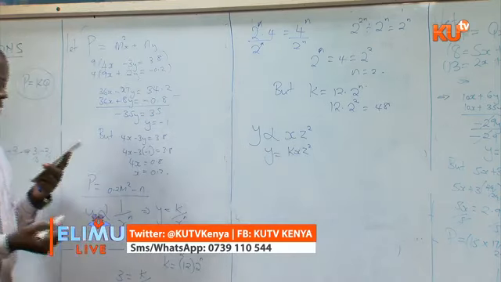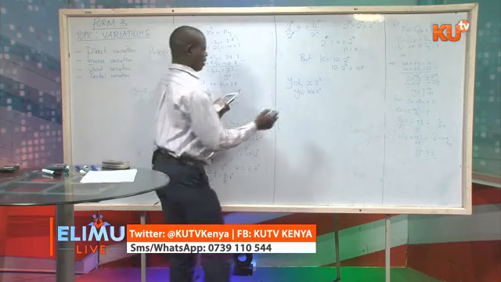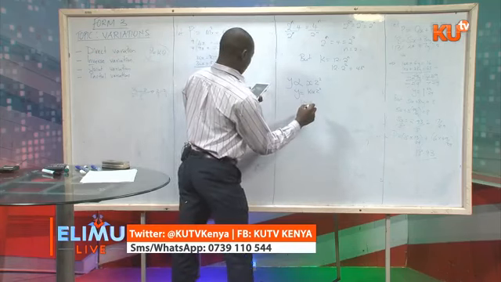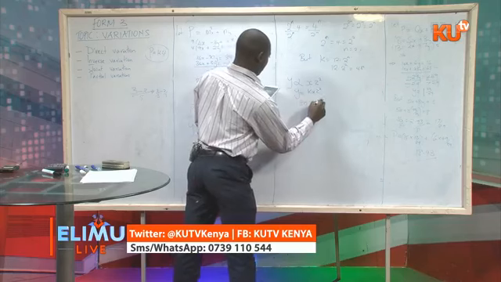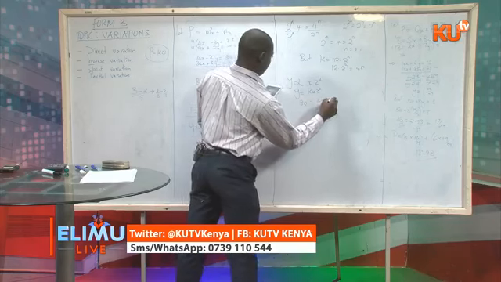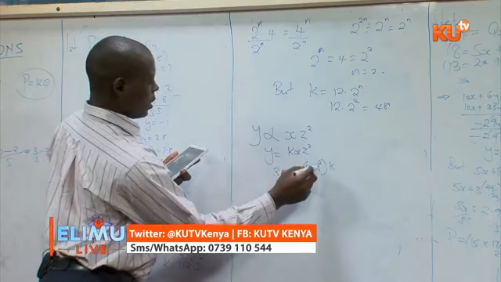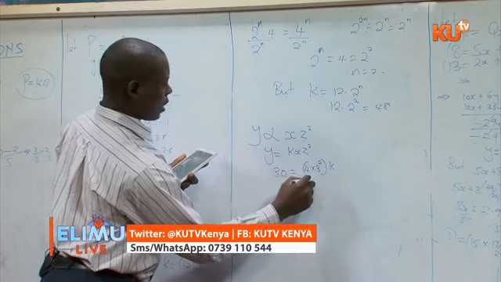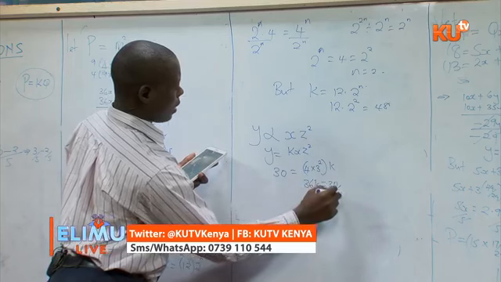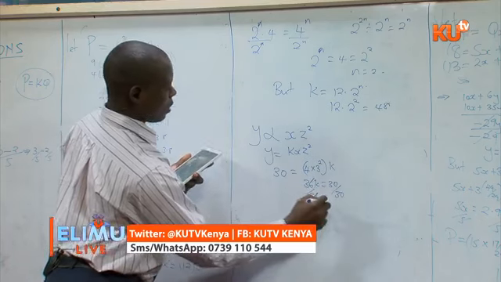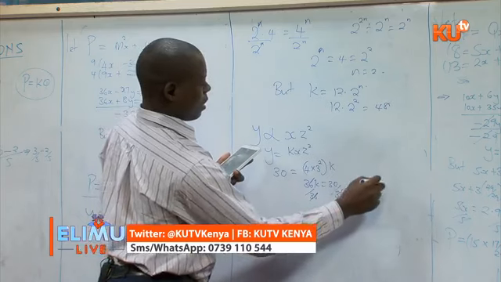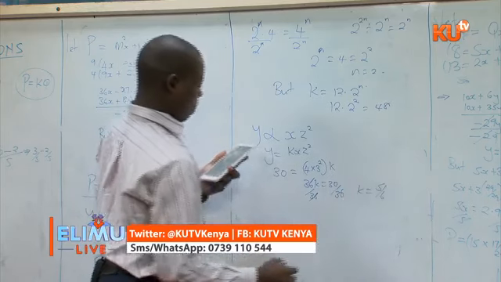So you replace in the figures. You say that when y is 30, x is 4 and z is 3. So 4 times 3 squared k. This is 9 times 4 is 36. k is 30 over 36. This cancels out. And so k is equal to 5 over 6.